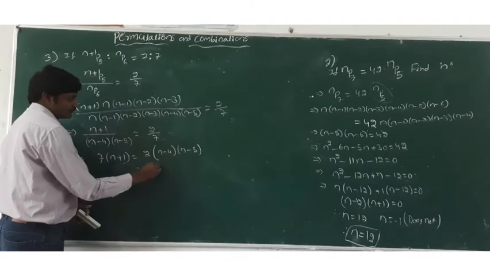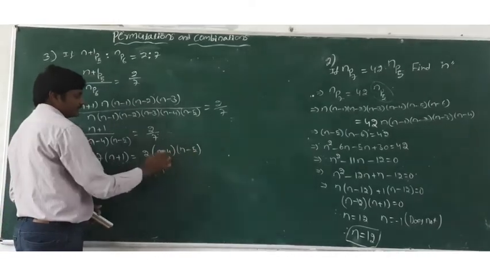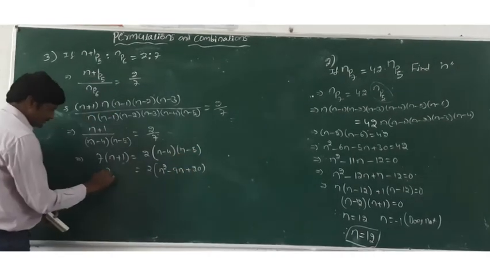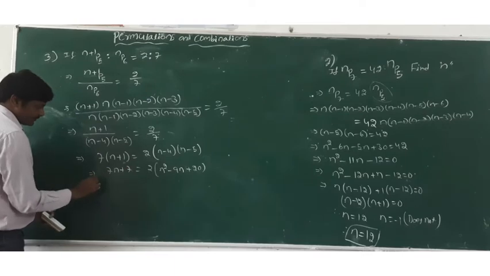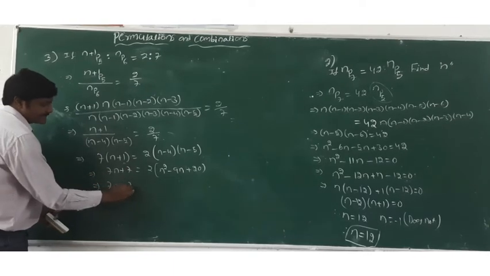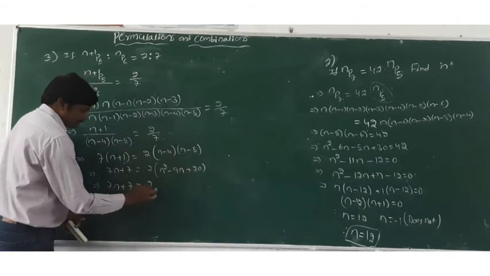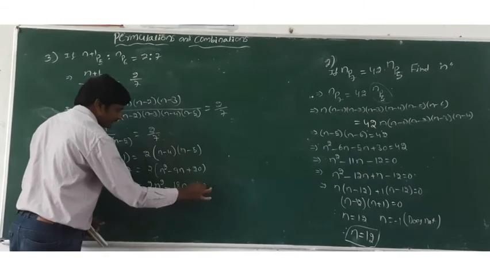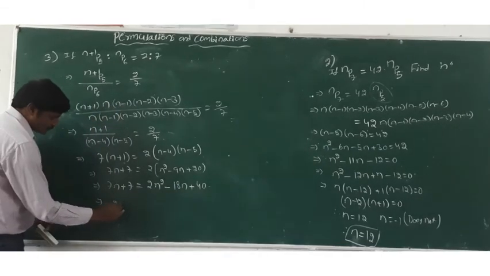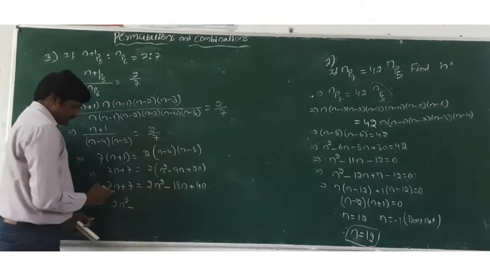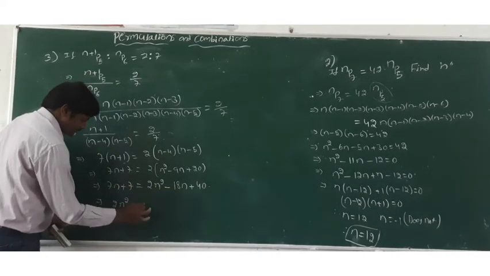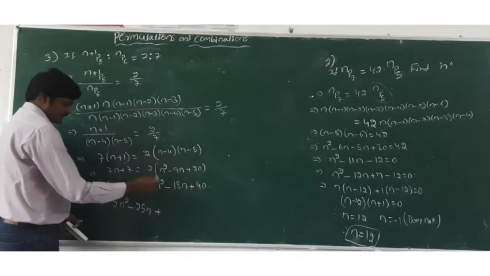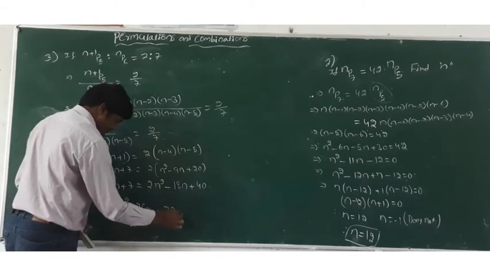Here 2 of n square minus 9n plus 20 is equal to 7n plus 7, that is 2n square minus 18n plus 40. Then 2n square minus 25n plus 33 is equal to 0.